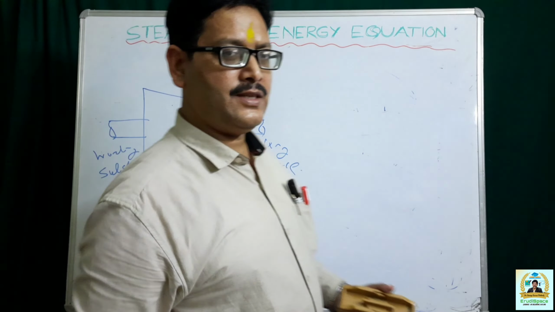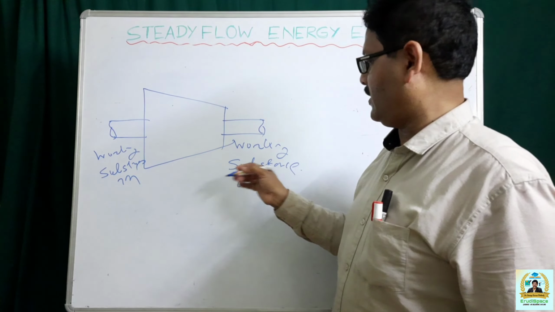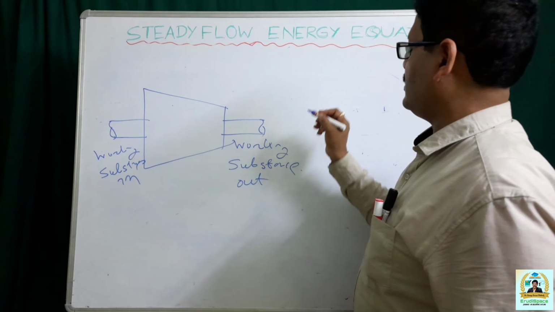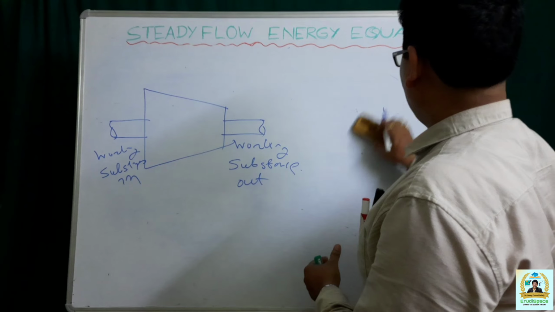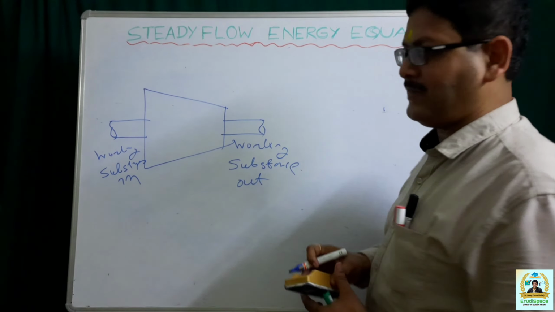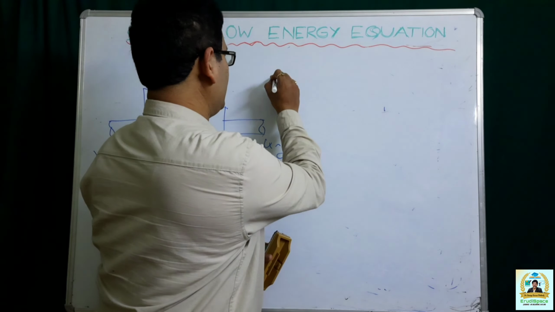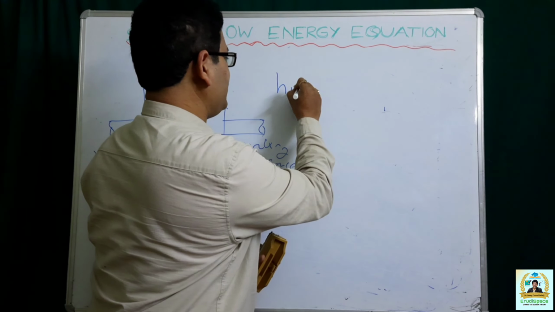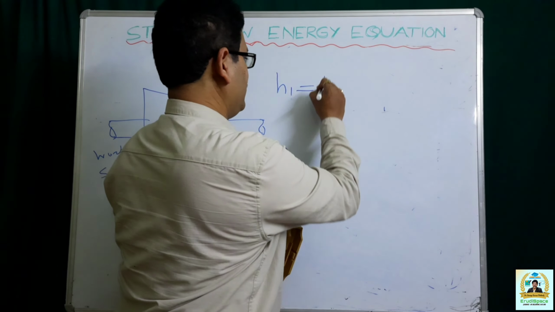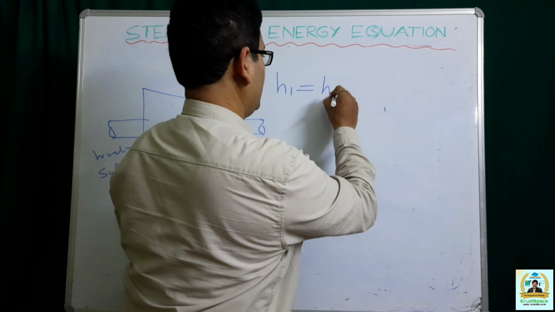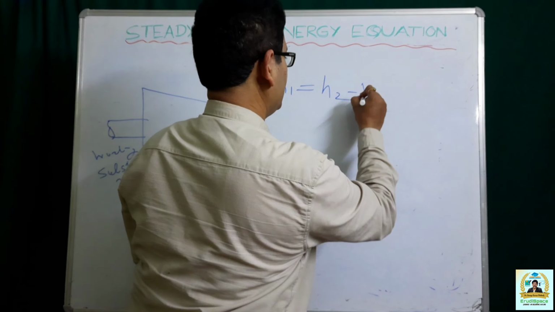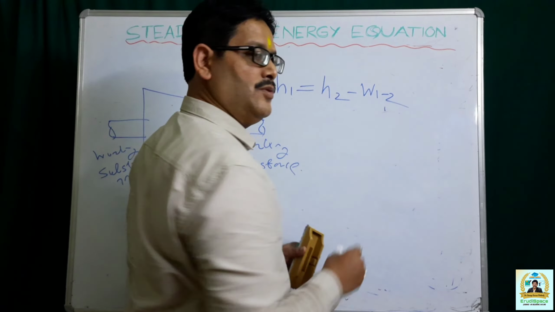When we are considering the steady flow energy equation for a compression, no heat interaction is taking place, so that component is 0. Now you have H1 is equal to H2 minus W12.